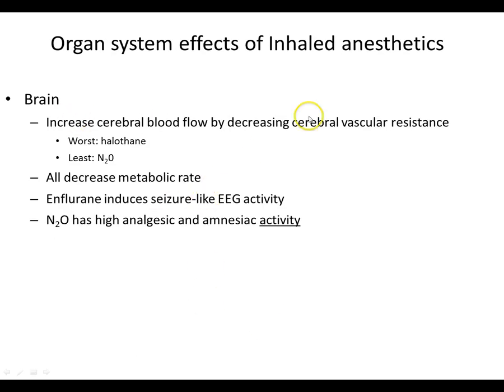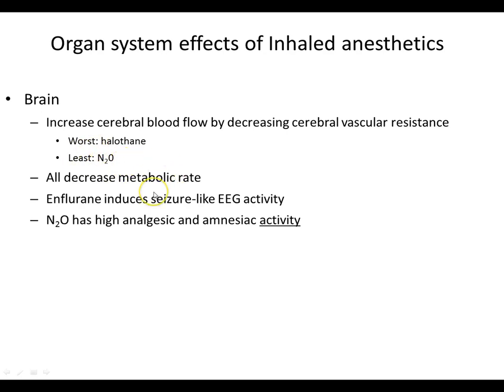In the brain, we again see an effect on decreased vascular resistance, or dilation. So this is going to cause pooling of blood and increase blood flow and cause increased intracranial pressure. Halothane is the worst here and would be very bad for patients with increased intracranial pressure. Having the least effect here is nitrous oxide.